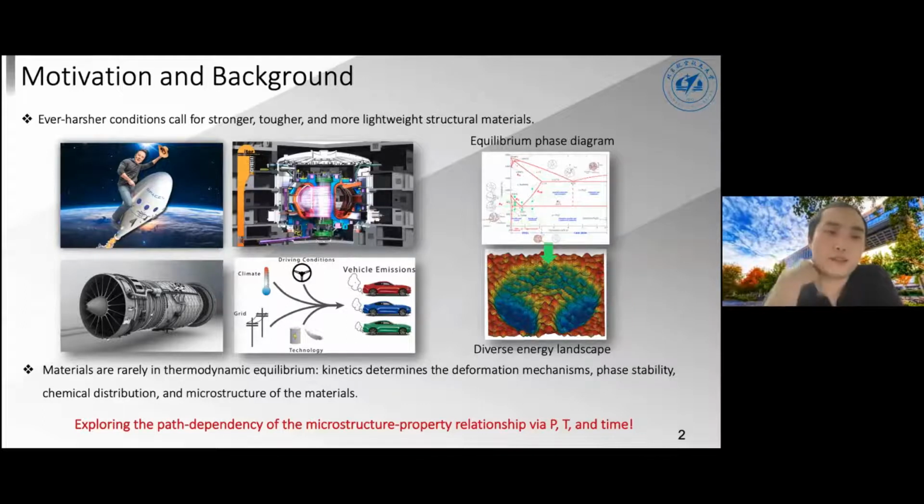Another example is plasma facing materials in fusion reactors. It challenges the current alloy design because the material has to face very high temperatures and also corrosive environments. And China has recently committed to realizing carbon neutrality by 2060.